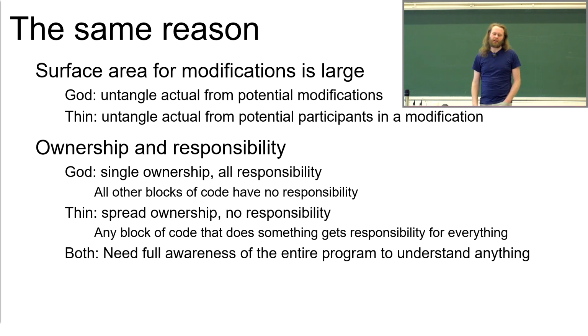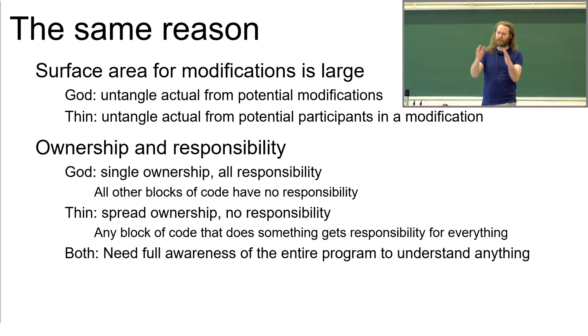So in both cases, you as a programmer need full awareness of the entire program to understand anything at all. The only way you can understand any part of the program is to understand the whole thing at the same time. Does that make sense? If you spread everything out, you need to know where everything is, and you need to know who participates.